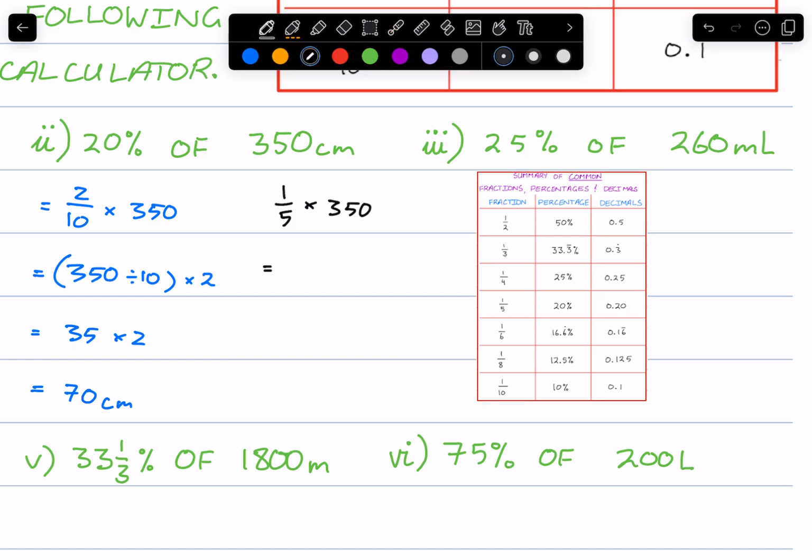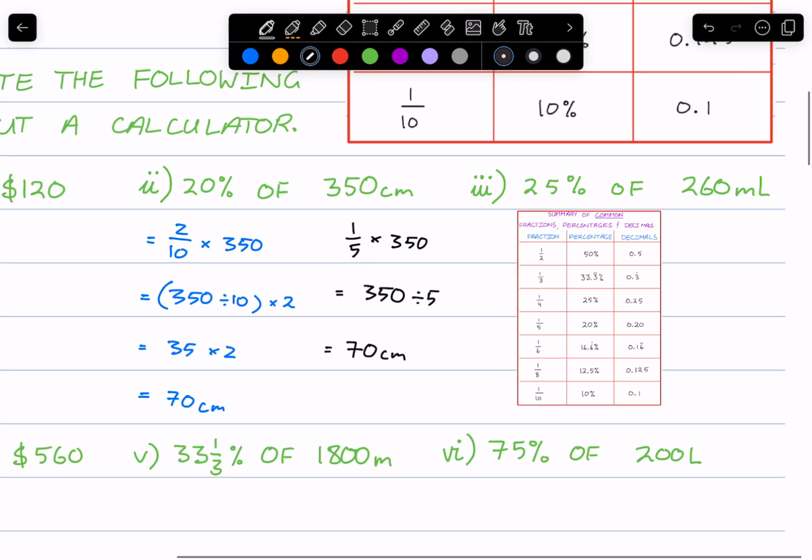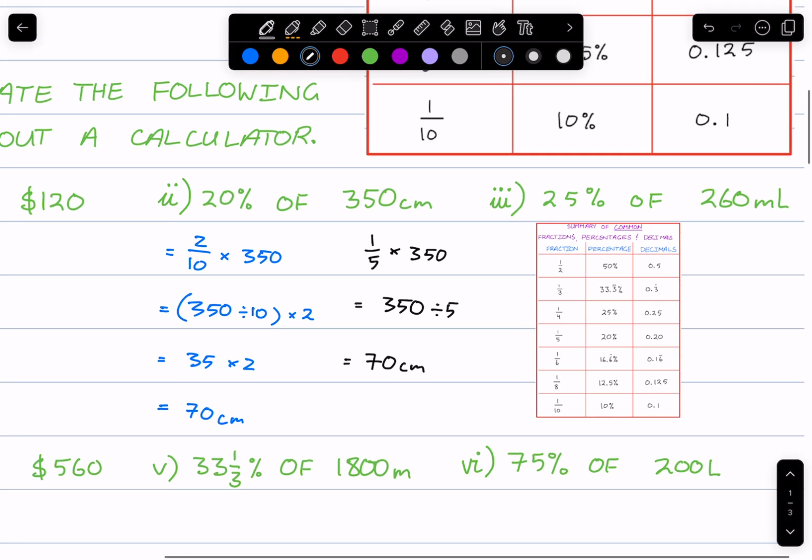So this will be 350 divided by 5. Well, this makes it a lot easier because 35 divided by 5 is 7, which means 350 divided by 5 is 70 centimeters. Notice how both methods get the same result.